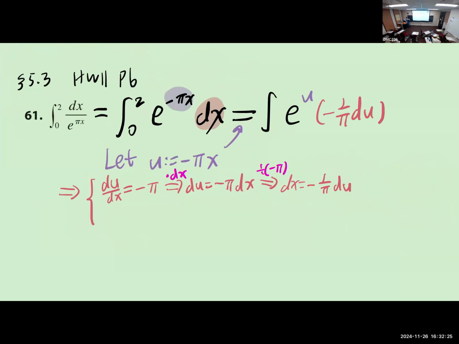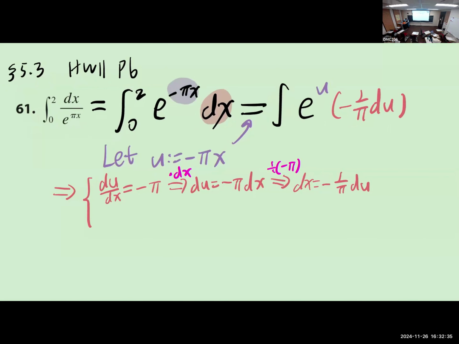What about the two limits of integration? Are they still 0 and 2? It'd be great if they were still 0 and 2, but unfortunately that's not true. So we have to change them as well, because this 0 is short for x equals 0. Now, the variable has become u. So now the number we write here should be short for u equals something, right? So when x equals 0, what is u? 0. Yeah, very good. U is negative pi x.